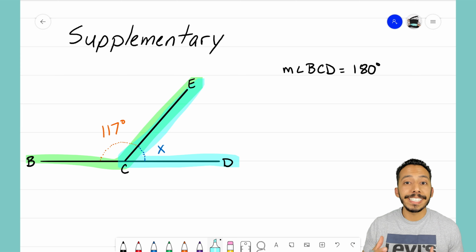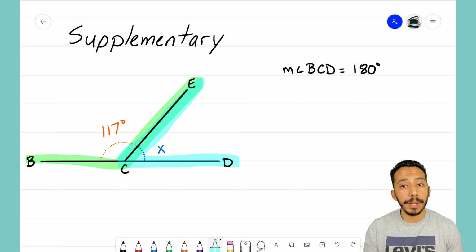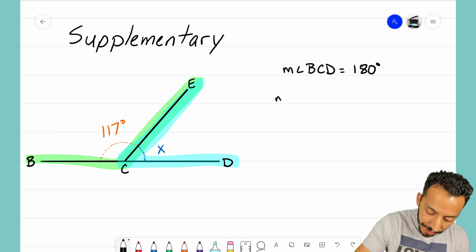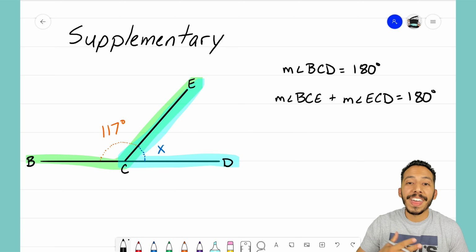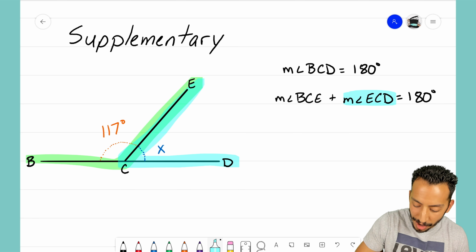Now let's write down this fact: these two angles are forming a straight line, so they are supplementary. So we know that they must add to 180 degrees. Let's write that down: the measure of angle BCE plus the measure of angle ECD, when you add them together, they have to add to 180 because they are supplementary angles.